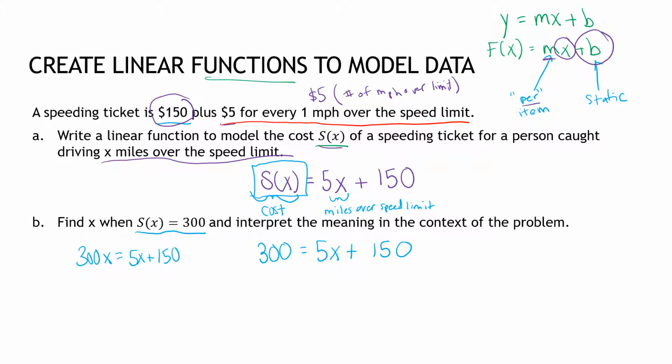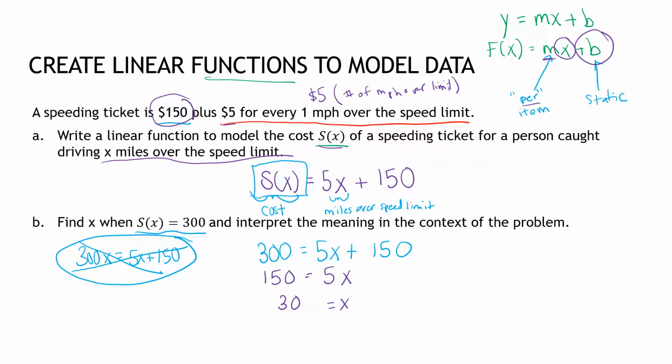And as we can see, that is a very different question from what I'm actually being asked to do. So don't do that. Replace s of x, which represents the cost, with 300. Then I'm going to solve. Solve by, I'm going to subtract 150 from each side because I'm trying to get x by itself. I'm going to divide each side by 5, and I get 30.